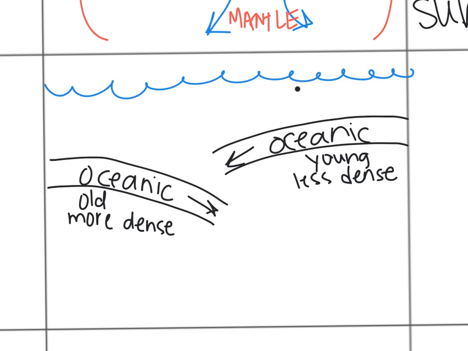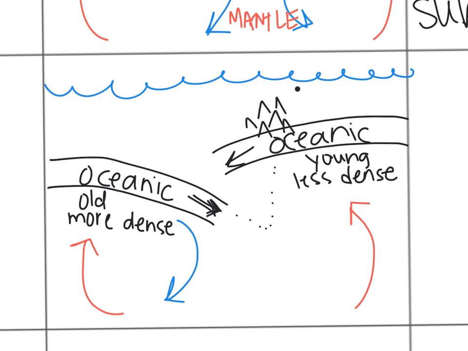As this is going down, again, it's going to melt, it's going to come up, and we're going to get some volcanoes over here. And we have to draw our mantle again, making sure it's convecting in the right way, so it's pulling it. Here's our mantle.